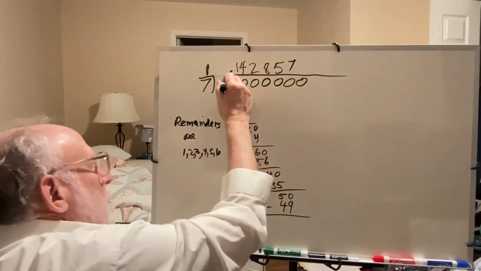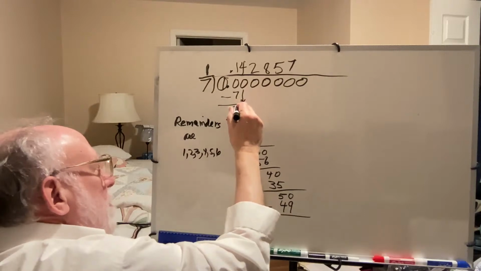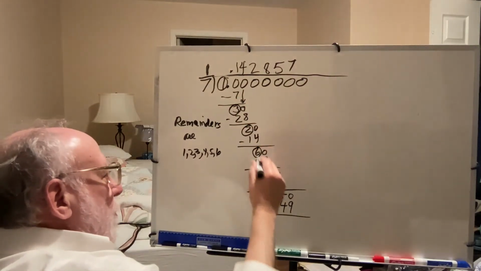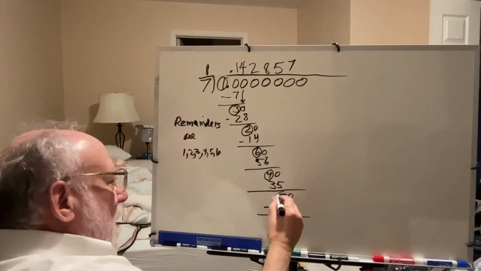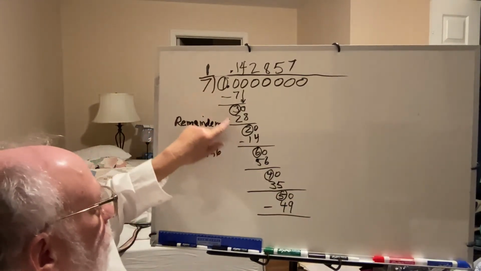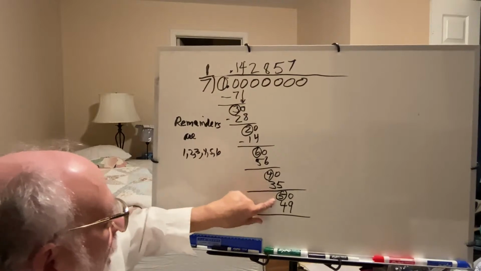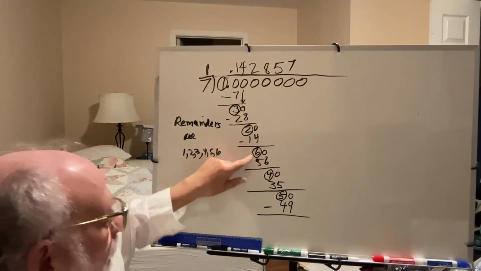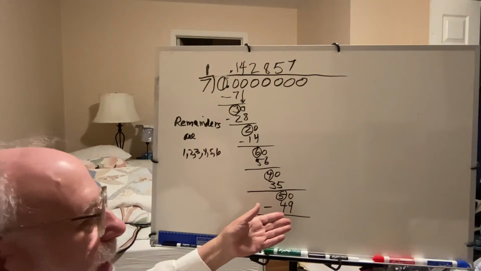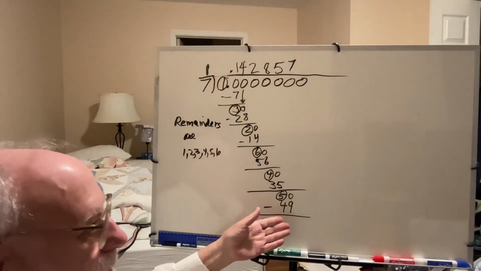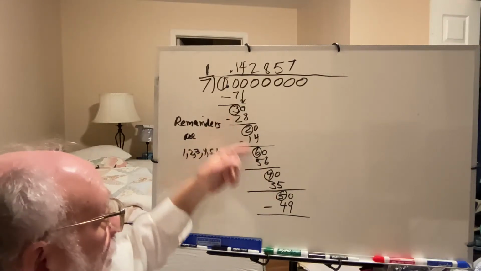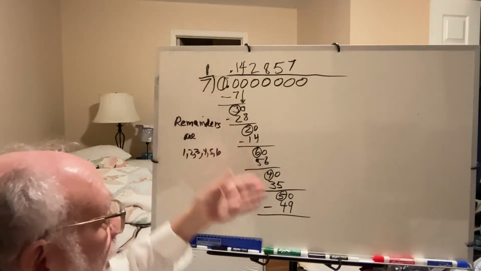Here we have the first remainder, the second remainder, the third, the fourth, the fifth, and the sixth remainder. So you have 1, 2, 3, 4, 5, 6. So this remainder here, we're going to have to repeat, because we ran out of remainders.